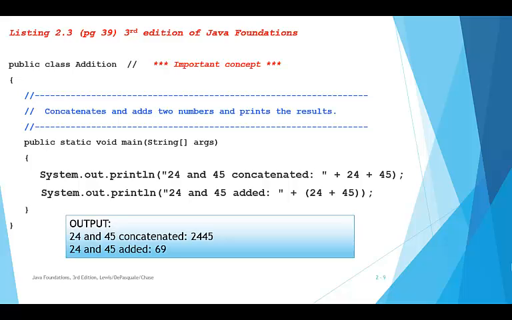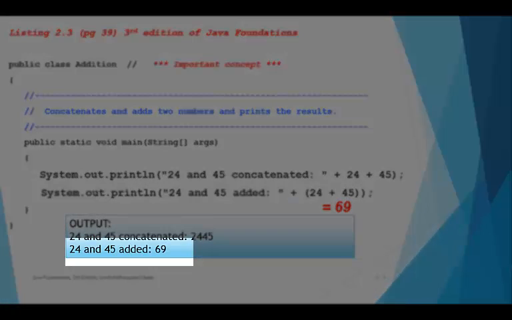In the second line, we see that 24 plus 45 are enclosed in parentheses. And because of that, this will be the first operation done. And so 24 plus 45 will be added together to get the value 69. Then that value will be used in the print line statement.